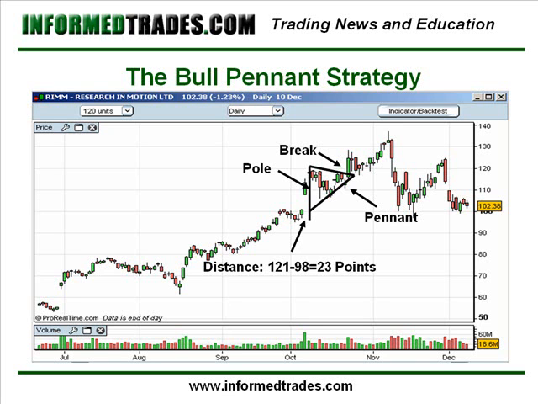We get 23 points on the move there. And so that is our target for the trade, and then the stop this time is placed just below the closest trough in the pennant pattern. Okay, so that's what's considered the nearest support level there, since you have the two converging trend lines there. So an important distinction.